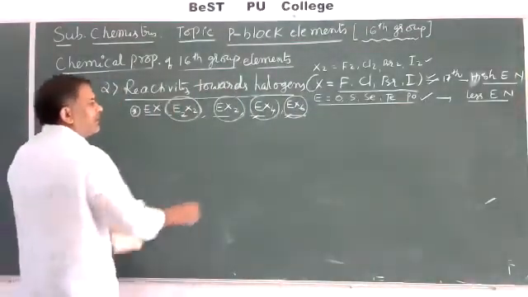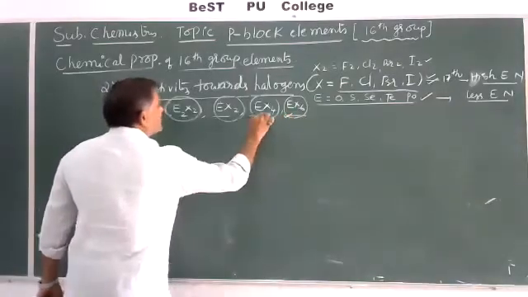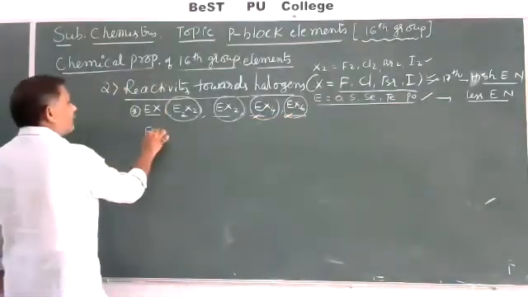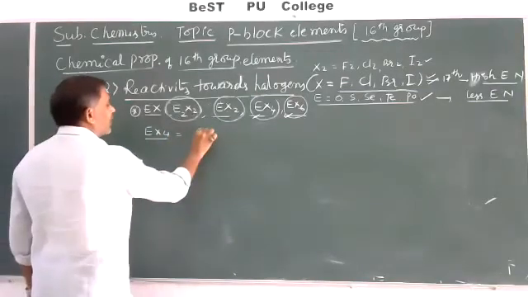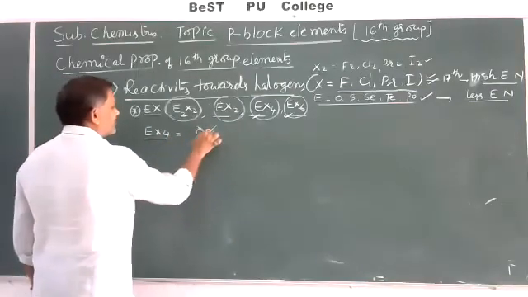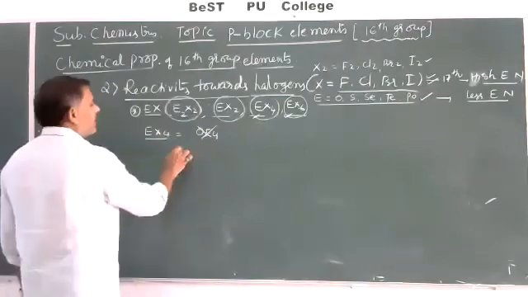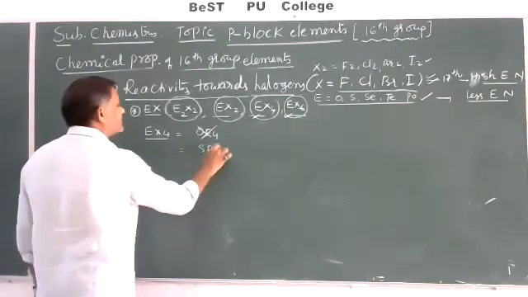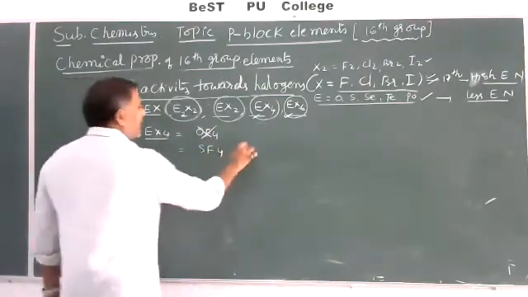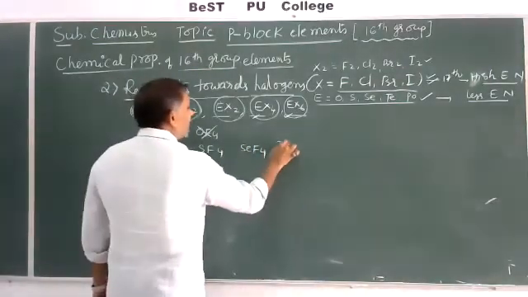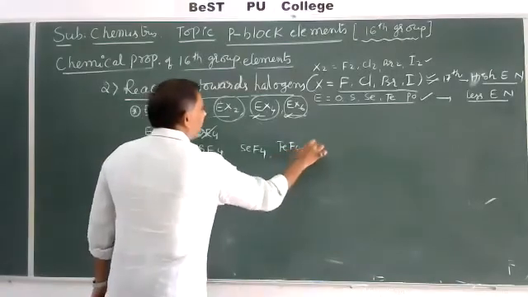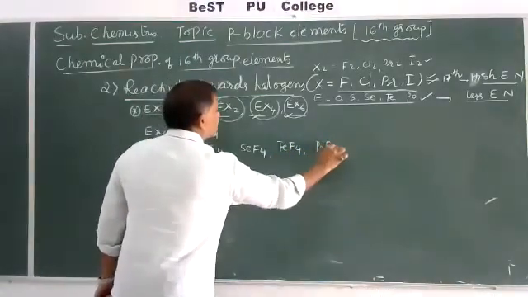After hexafluorides, the next one is tetrafluorides. Generally, oxygen does not form them. OF4 is not possible. SF4 is possible, SeF4 is possible, like TeF4, PoF4 is possible.